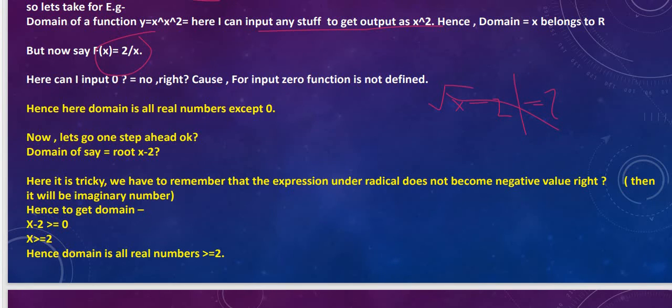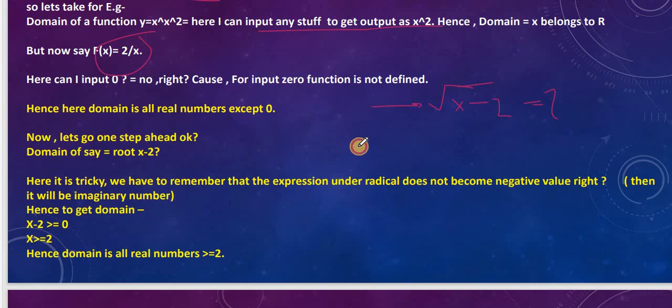No, right? For example, 1 cannot be the input here. If it is 1, then it is going to be negative 1 under the radical, and a negative number under a radical belongs to imaginary numbers. So we are not dealing with that. So here all the real numbers will not be valid input.